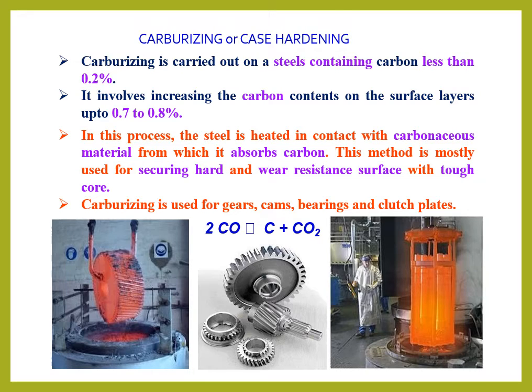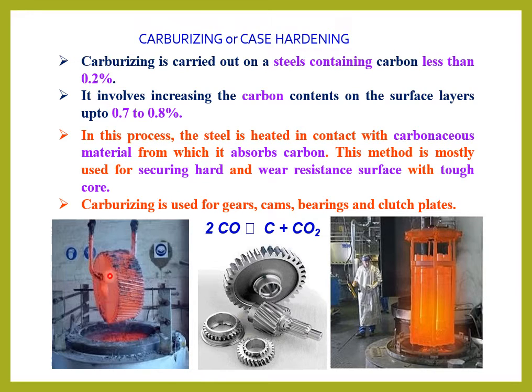Because of this, the top surface is hard while the core remains tough, so it gives more strength and hardness. The properties will increase. This is used for gears, cams, bearings and clutch plates. So for normal low carbon content, we can increase the carbon content.